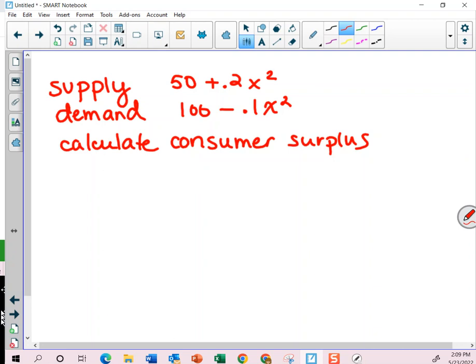So supply function and demand function, what will be our consumer surplus?